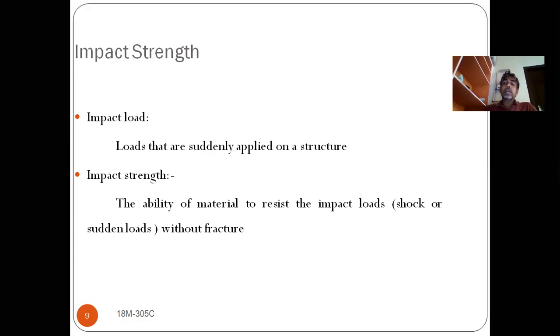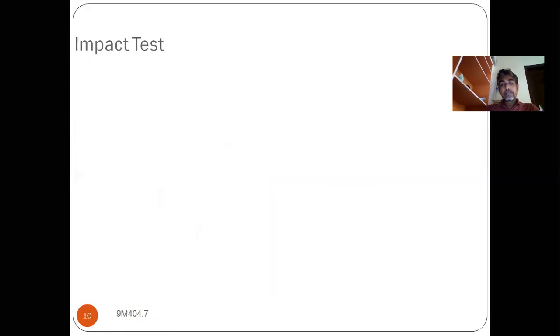Impact load is nothing but sudden or shock loads. Impact strength is the ability of the material to resist sudden or shock loads. So what is the procedure to find out impact strength? Different types of methods are there, we will discuss them in the coming slides.